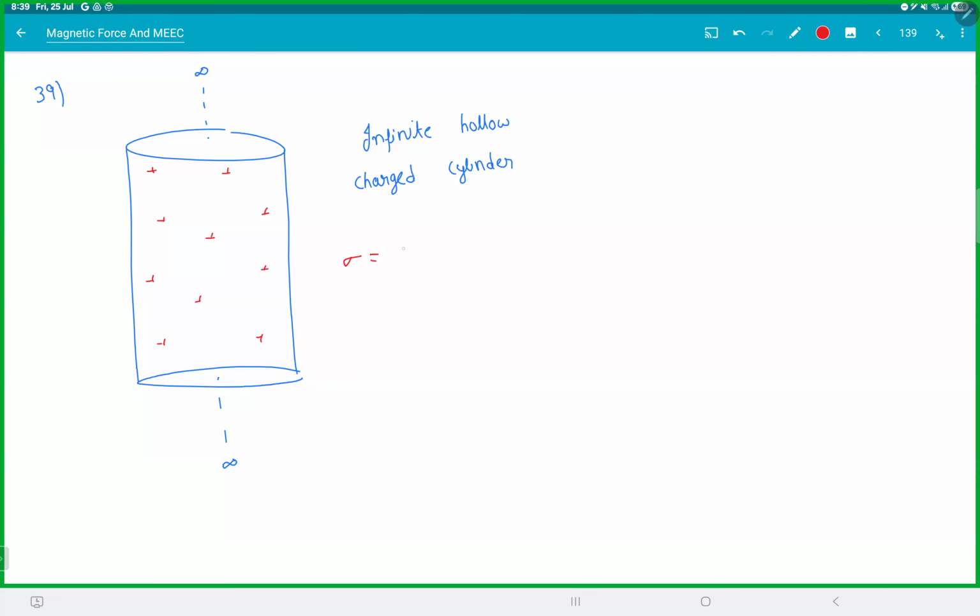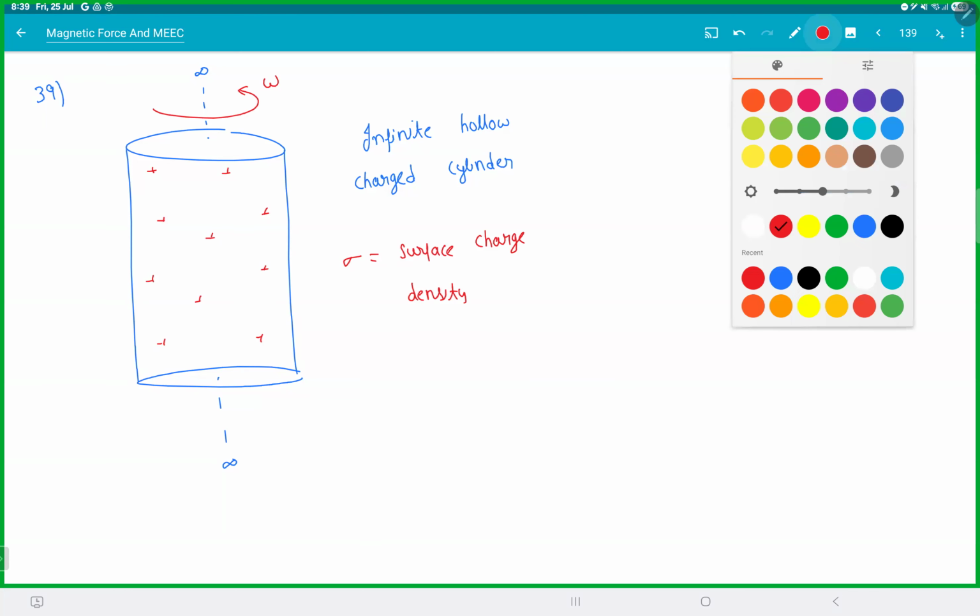Sigma is the surface charge density. Now you started rotating the cylinder by omega. Find the magnetic field inside.